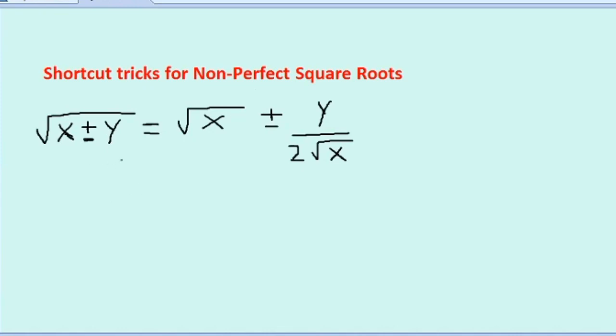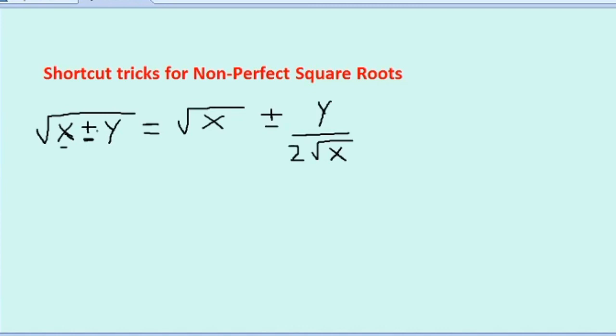Here we follow a formula: root of (x plus or minus y) is approximately root x plus or minus y upon 2 root x. It simply means you have to divide your number into two parts, x and y, such that x is a perfect square and y is the plus or minus remainder.